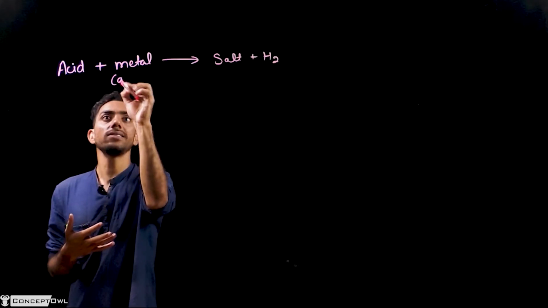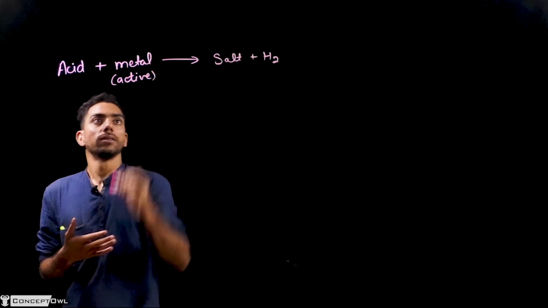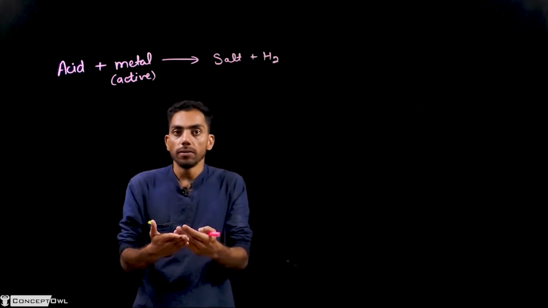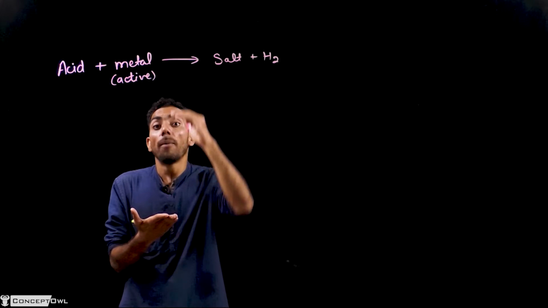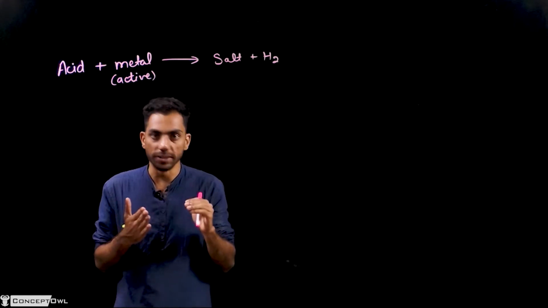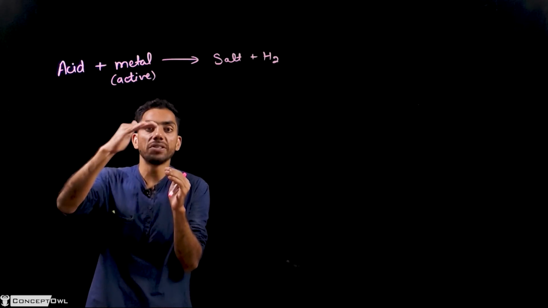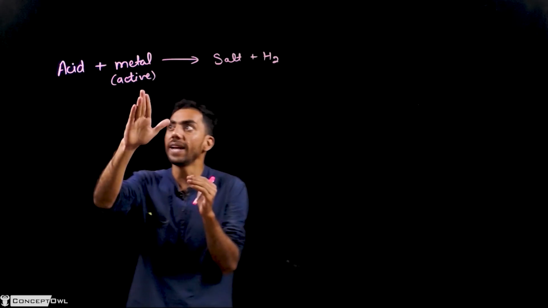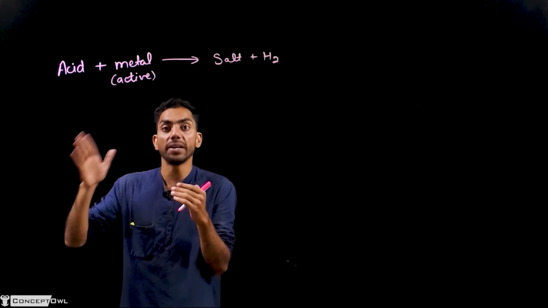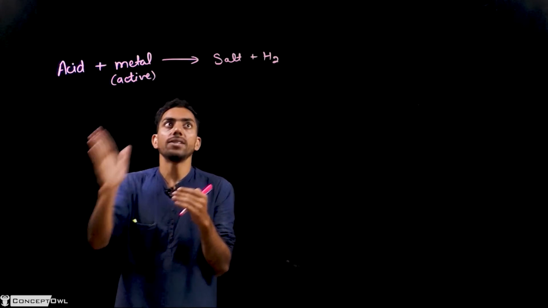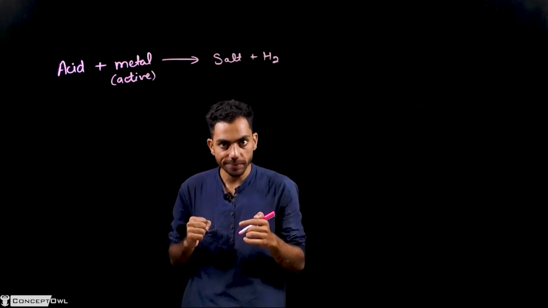So this metal is active. You can take any metal which is above hydrogen in the reactivity series. If your metal is above hydrogen in the reactivity series, then it reacts with any acid. You can take any acid. It reacts with acid, forms salt and hydrogen gas.